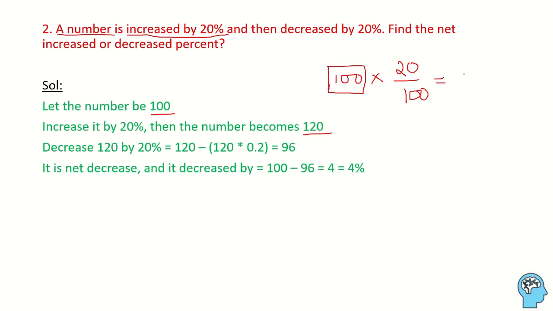So when we are saying a number is increased by 20%, that means 100 is increased by 20. So the number becomes 120.